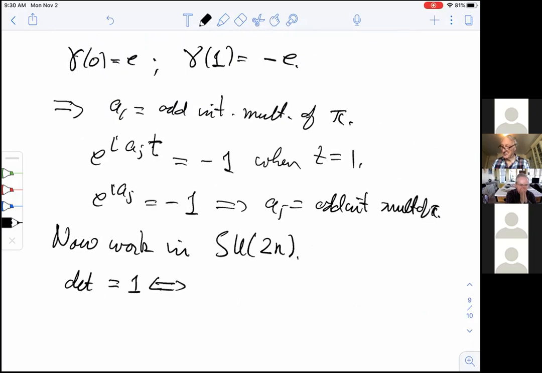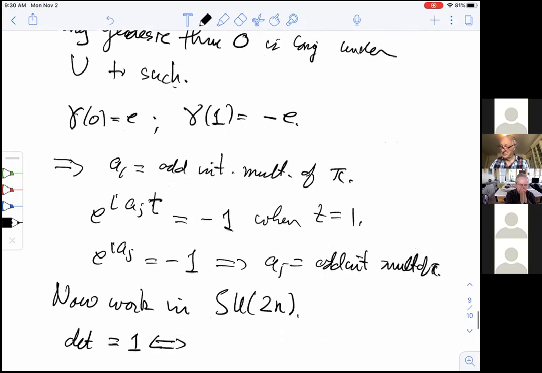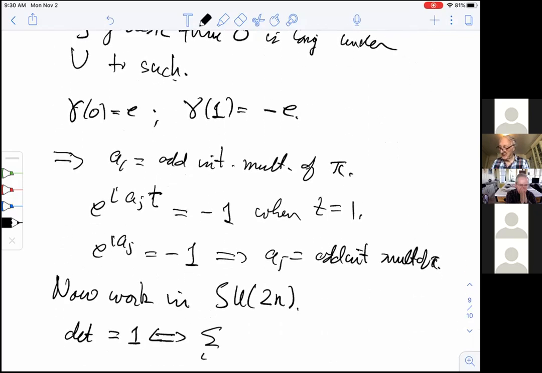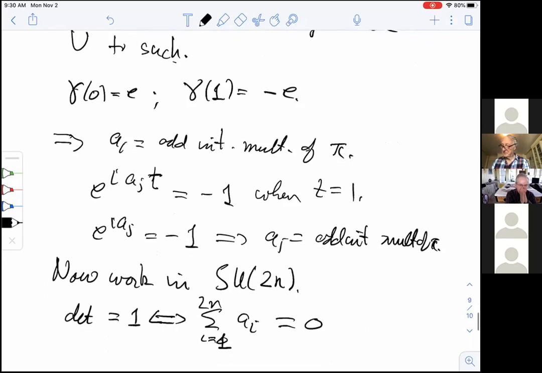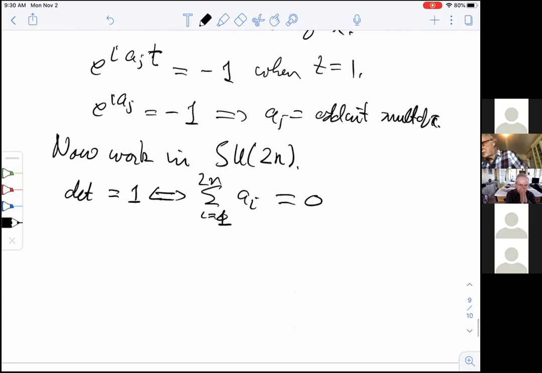In terms of the ai, that simply says the summation from i equals 1 to 2n of ai equals 0. And I'm going to switch notation, because these things are all integral multiples of pi. My diagonal entries are now going to be ai times pi.